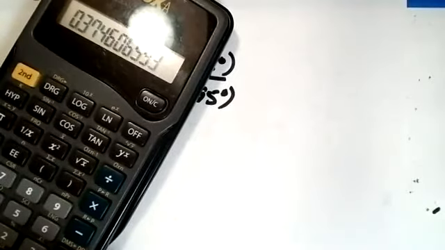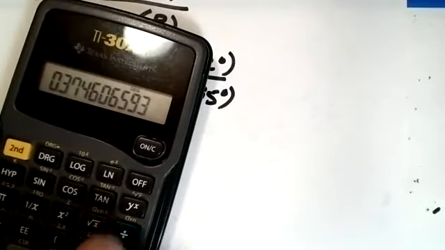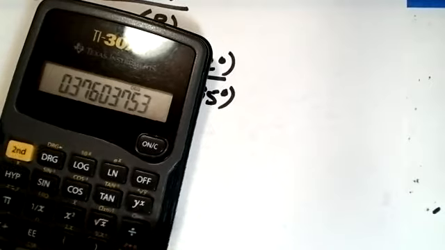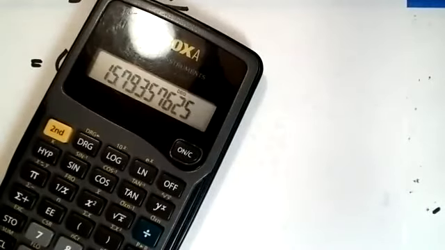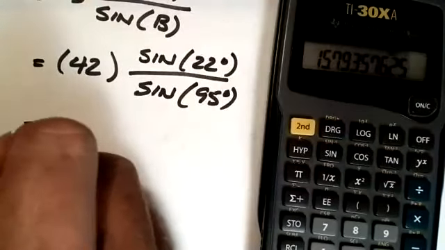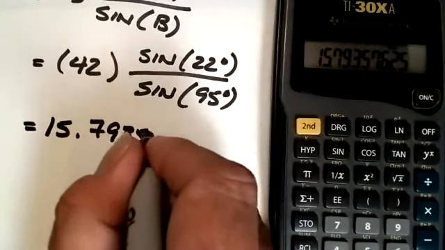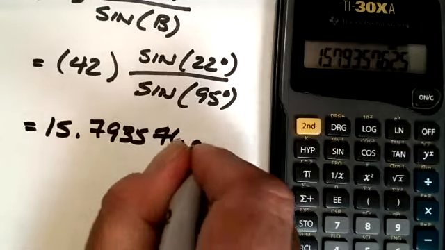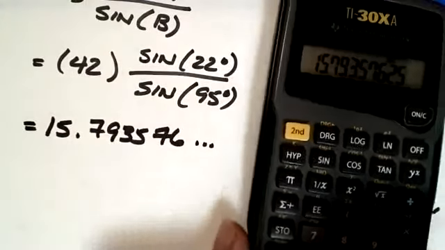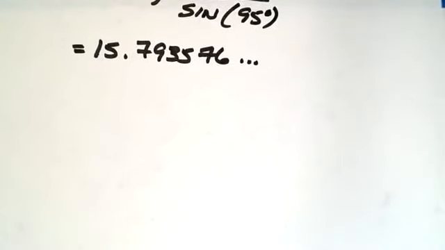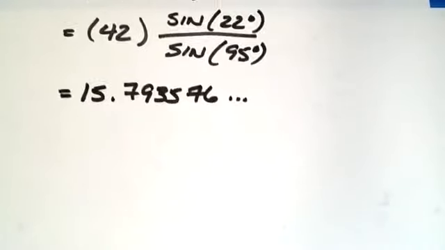Calculating this, we have sine of 22 divided by sine of 95, and then times the distance, 42. We have 15.793576, etc. Now we will round that in the end using the rules for significant digits. But for now, we'll just leave it at that.